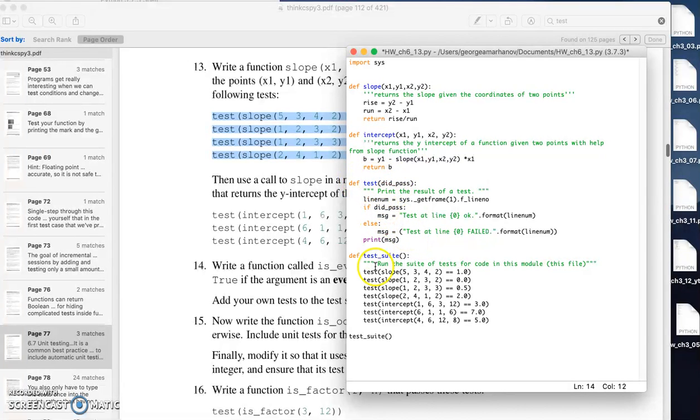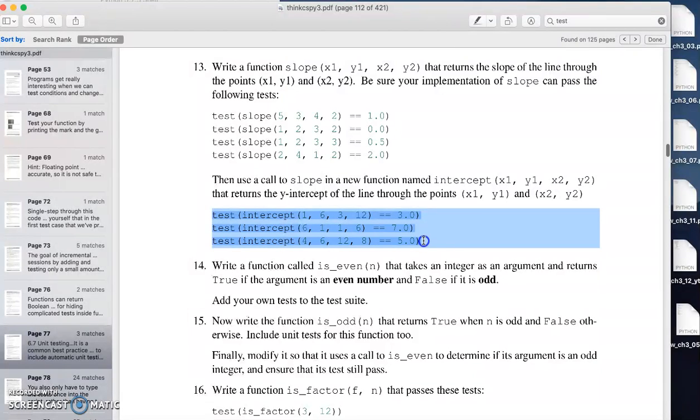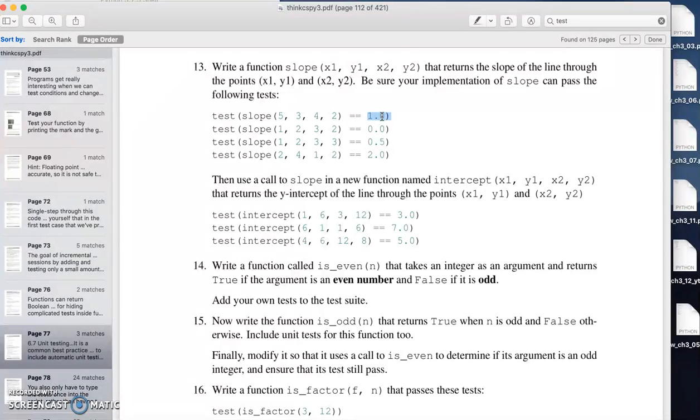Here's our test function, and then the test suite. They want it to make sure that it's able to get these same answers here. It's saying run your function with these parameters and make sure that the output is 1.0 if your parameters are 5, 3, 4, 2, and so on and so forth. And same thing with the intercept.